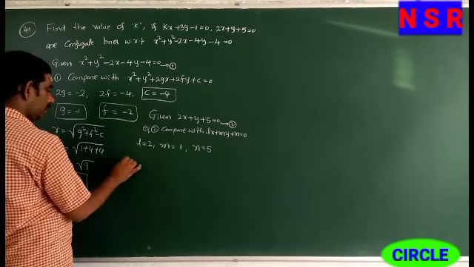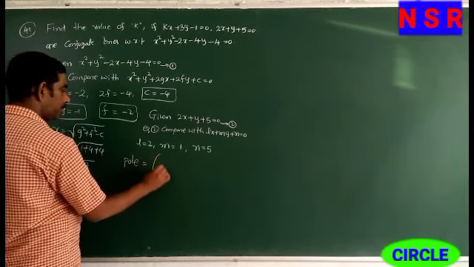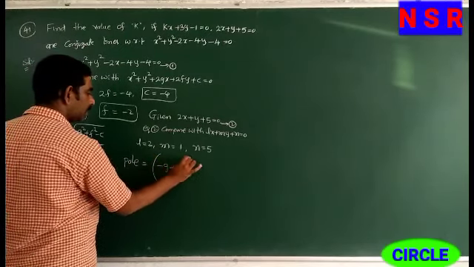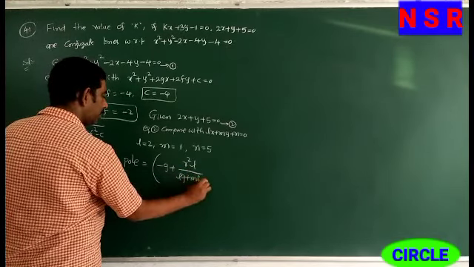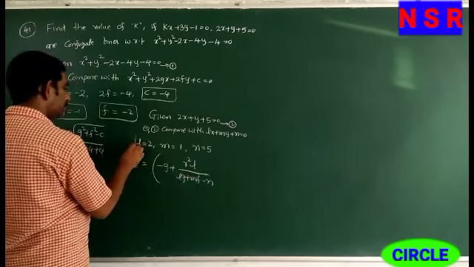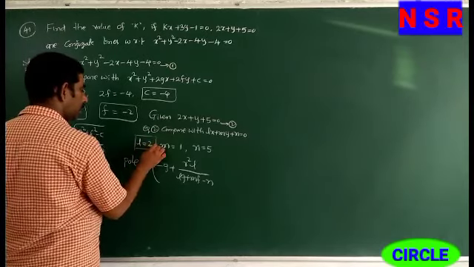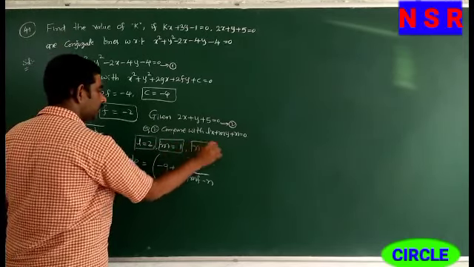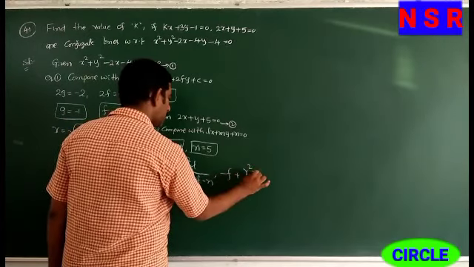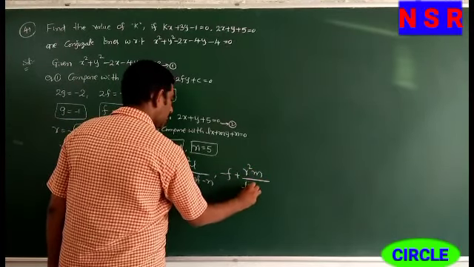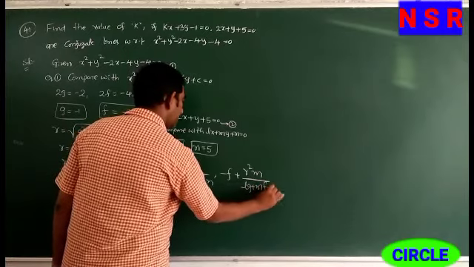So now find the pole: minus g plus r square L by Lg plus mf minus n, comma minus f plus r square m by Lg plus mf minus n.